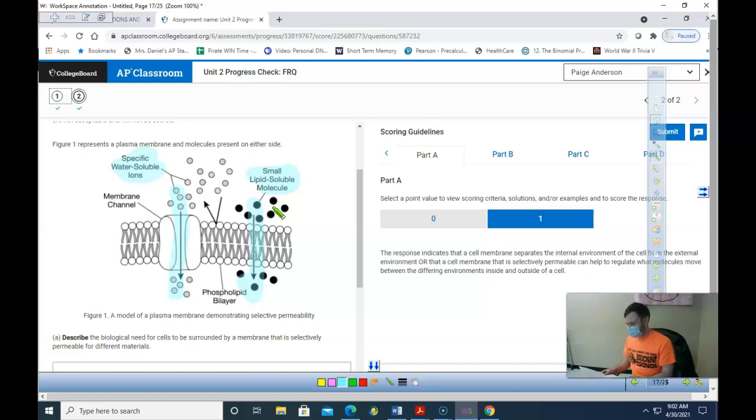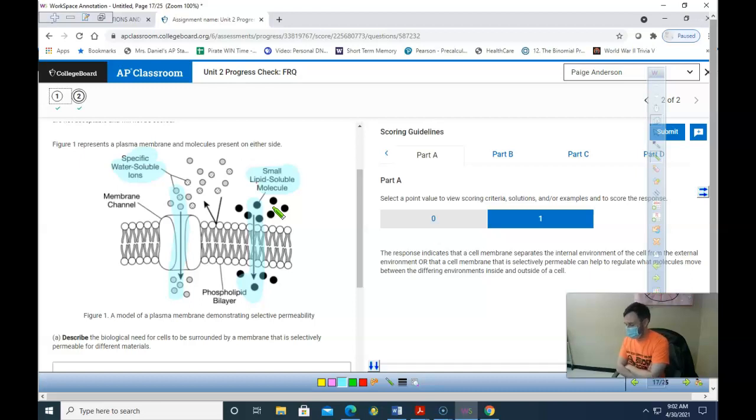And actually, okay, yeah. So C, describe the characteristics of the phospholipid bilayer that permit hydrophobic lipid molecules to pass directly across the membrane. So all you had to say about that was phospholipids in the middle are nonpolar and hydrophobic, and hydrophobic things can pass through hydrophobic things.